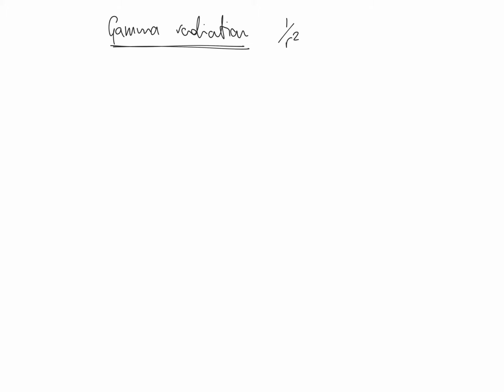Now, I hope you can remember from work you've done at GCSE that if you had a source of radiation, it could potentially give off three types of radiation. One of them is an alpha particle, which is 2 protons and 2 neutrons, and that is a helium nucleus.